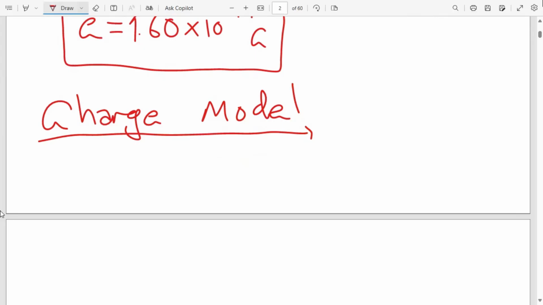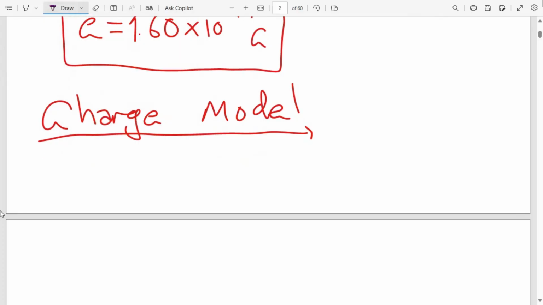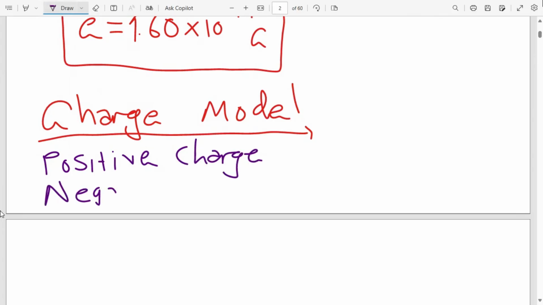We only have two charges in existence, a positive charge and a negative charge. These are the two charges that exist.